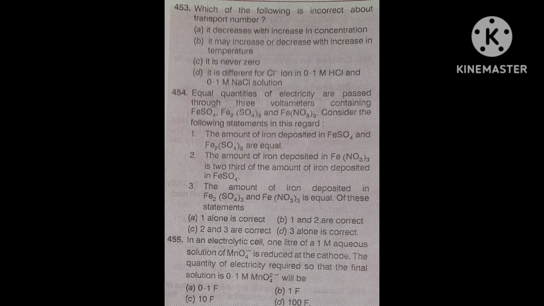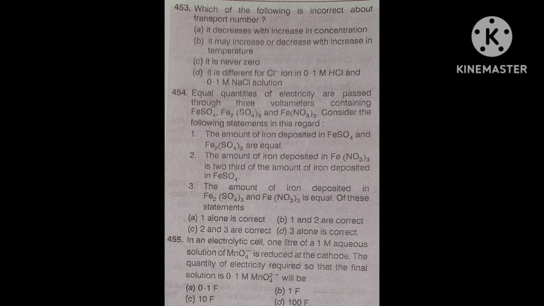Now I am telling you why option C is correct, statements second and third. You should understand that weights deposited are in the ratio of their equivalent weights. This is the main thing.